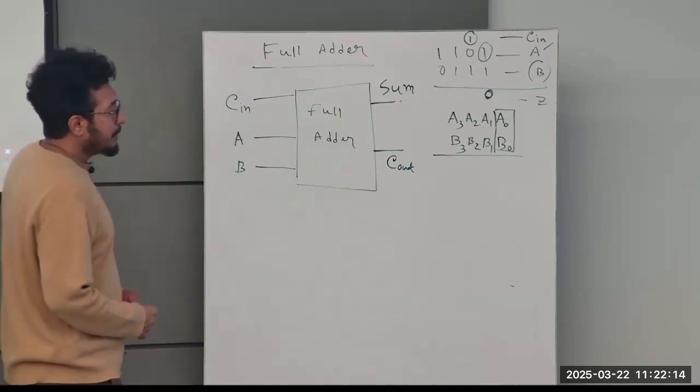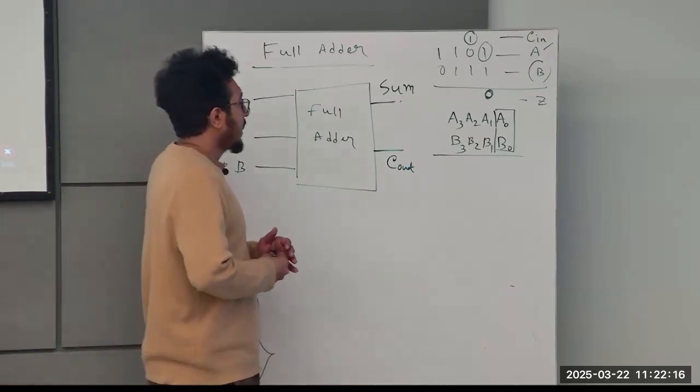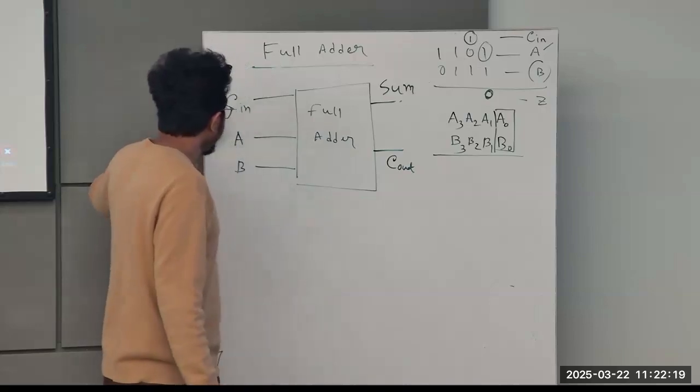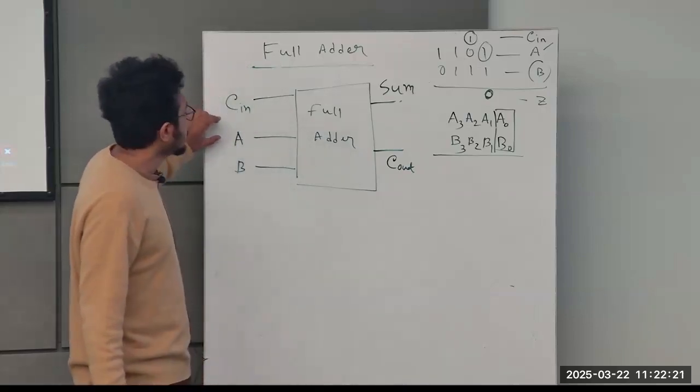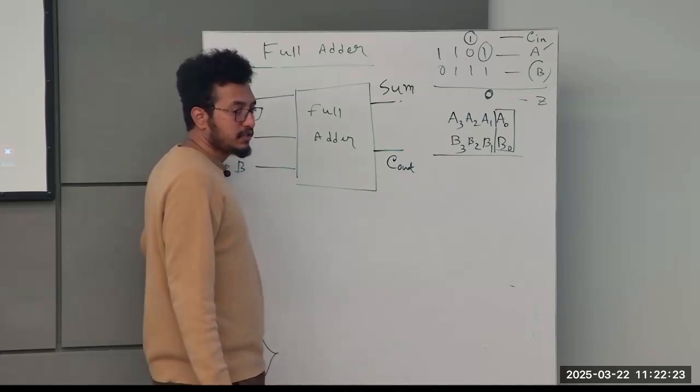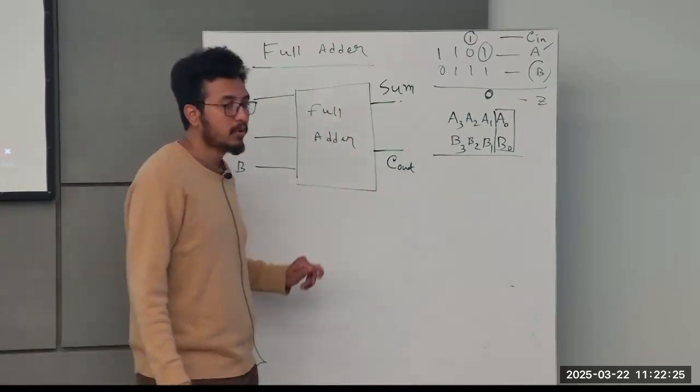So by now you should be able to, if I give you three binary bits here, let's say 1 0 0 or 1 1 1, anything for these three, you know what is the sum and what is the carry out.